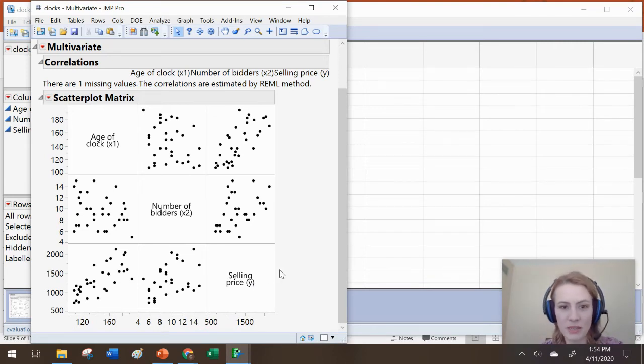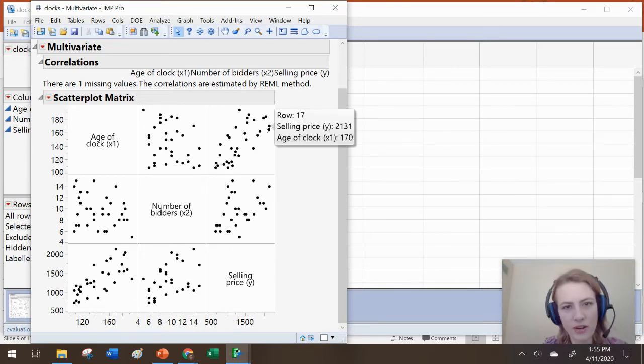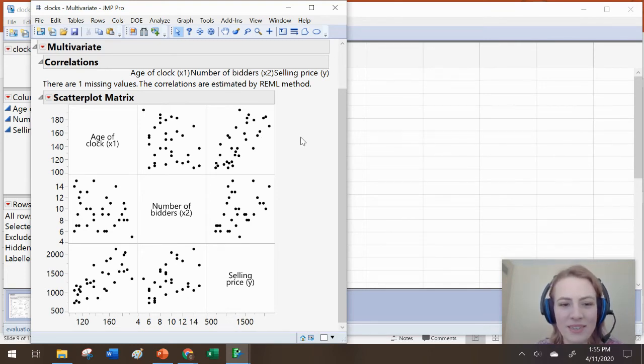They're actually going to meet in two places here, in the top right and also in the bottom left. These are just reflections over the y equals x line. But no matter which one you look at, what we're looking for is that the trend is linear and doesn't show any curvature. Up here, it does look like a pretty steady rate of increase. So the price tends to increase as the age of the clock increases. All right, so no curves, so that one's good.